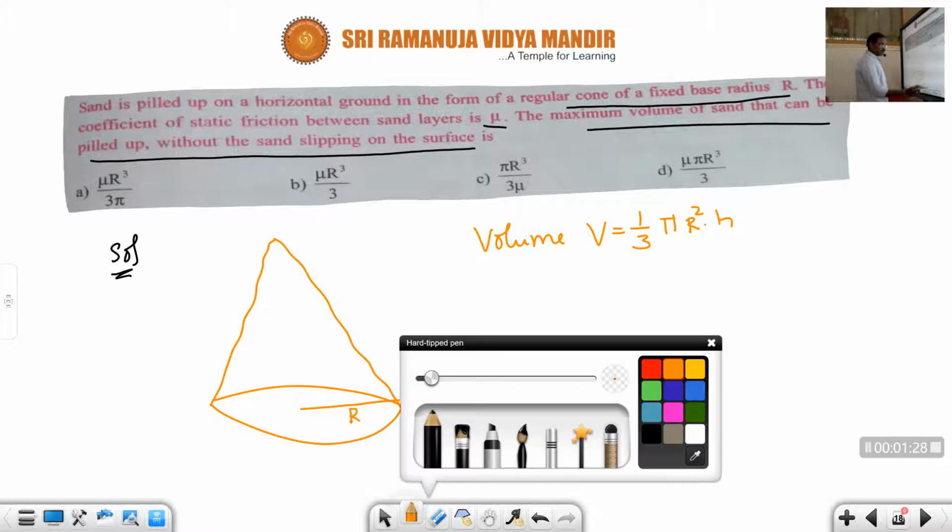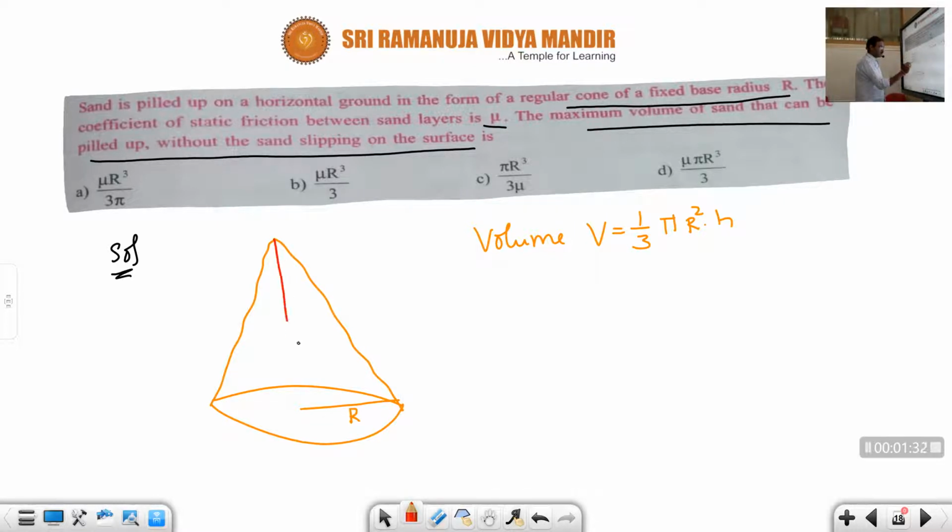And then if you consider this, this is the height of the cone h, and here the angle is said to be phi. Then here we have a triangle with h, phi and r. Then we know that tan phi is equal to h by r, then h is equal to tan phi into r.